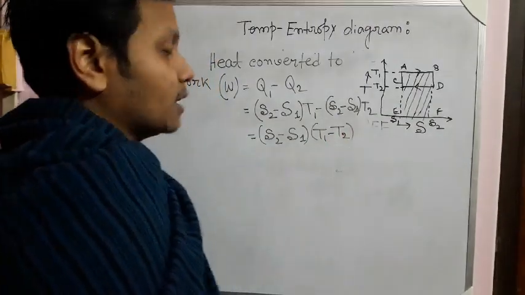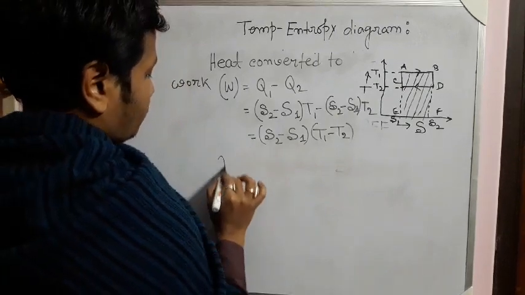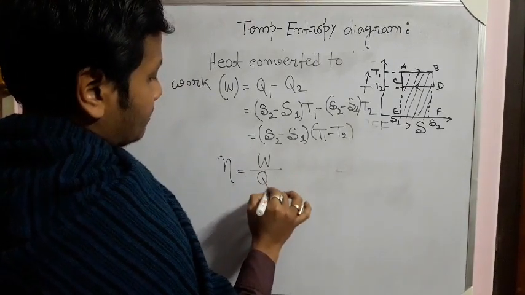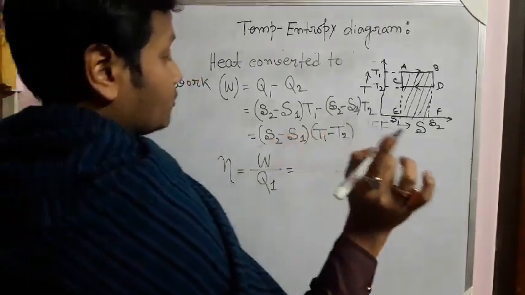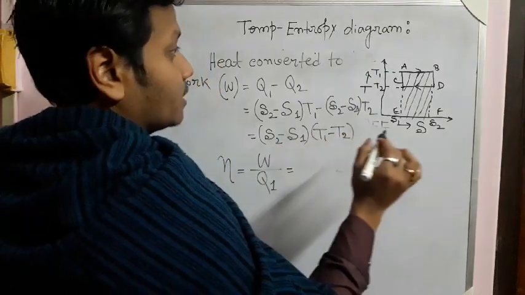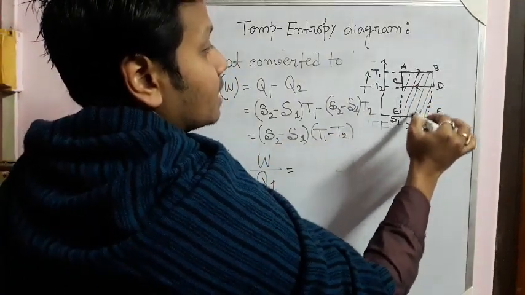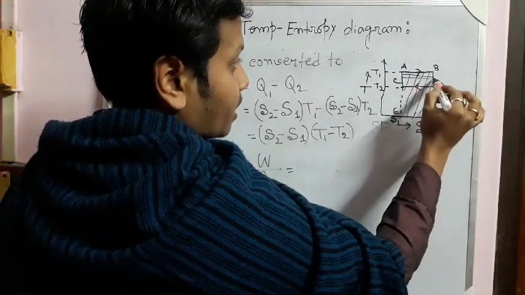Now we all know the formula of efficiency: total work done divided by the amount of heat absorbed. Sorry, I forgot to tell one thing: if you subtract this area from the entire one, then only this portion will remain.